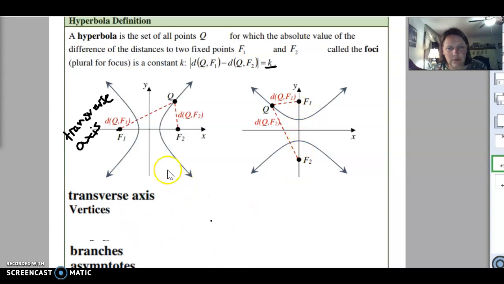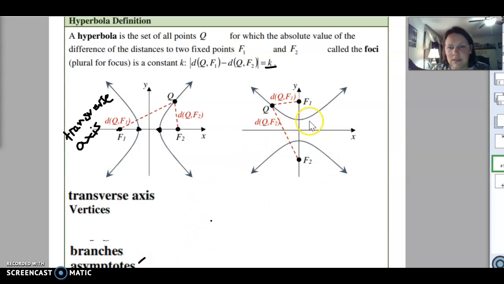Okay, the vertices. The vertices are the points where the hyperbola crosses through the transverse axis. The branches are the actual hyperbola, so there are two branches in a hyperbola. And then this down here says asymptotes.